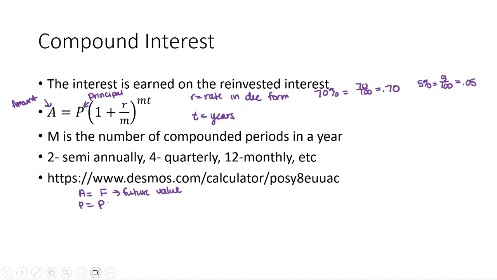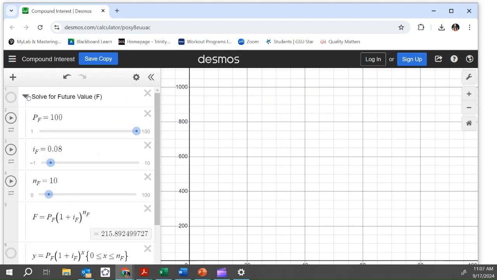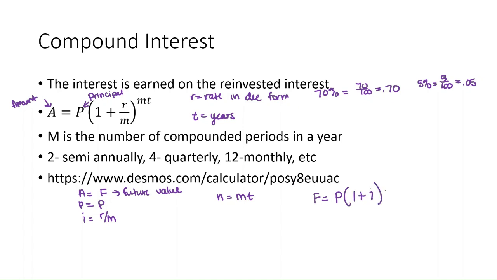P is equal to P. The interest rate when I do this is going to be the R over the M. And their N is equal to our MT. So the formula they're using is F equals P times 1 plus I to the power N. So N is M times T, I is R divided by M. Those are things you're going to need to know as we solve these problems.